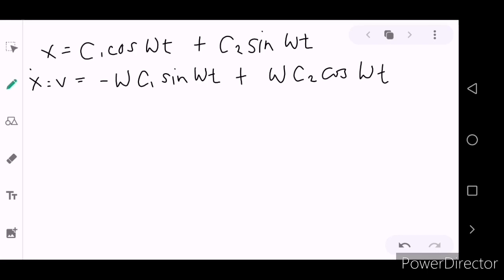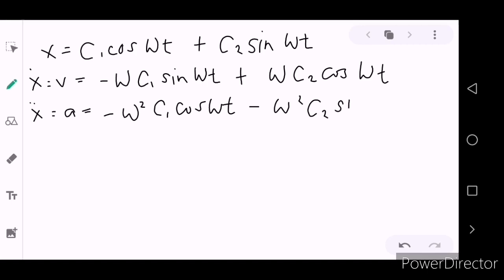And then, its second derivative, na-mention ko to kanina, is the acceleration. Again, negative omega, this time squared, C1 cosine ulit, omega t, minus omega squared, C2 sine ulit tayo, omega t.